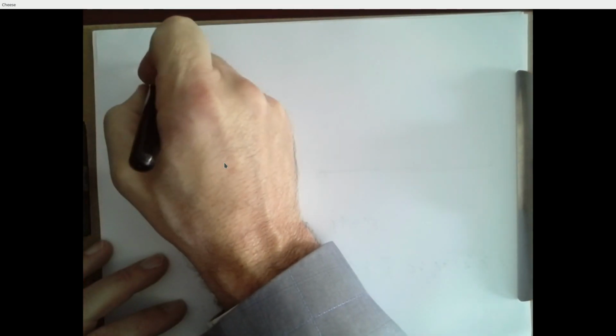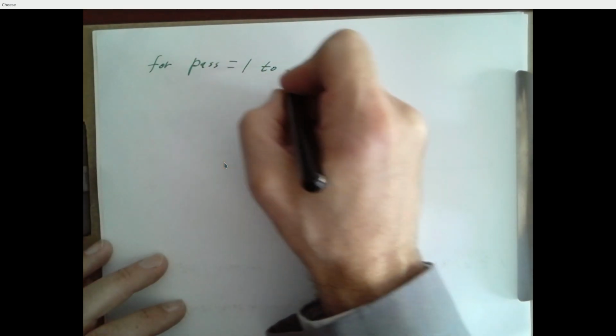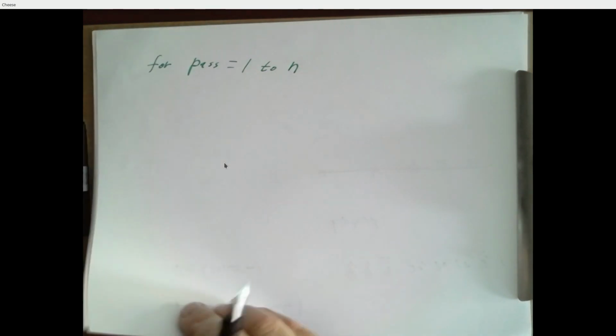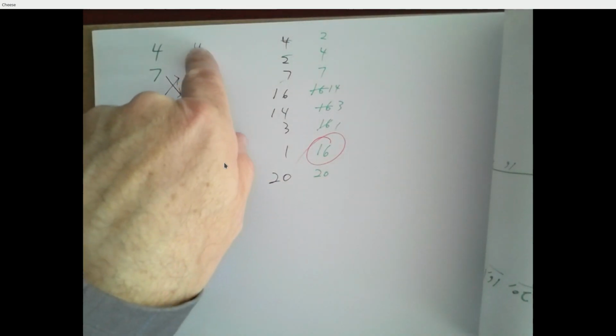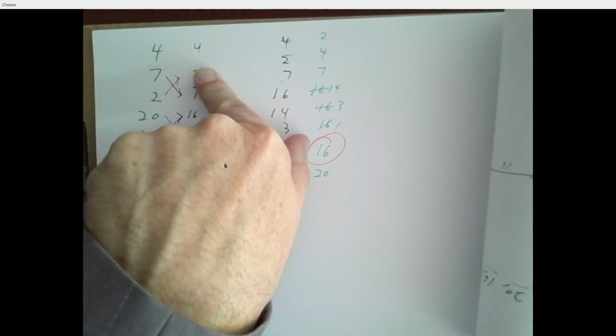So we can code this up as a pair of loops. So we want to do a total of n passes. And inside each of those n passes, we want to compare each number to the number after it.